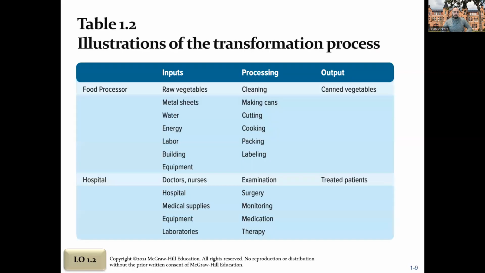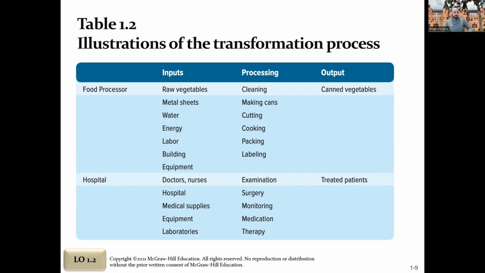Here are some examples of the transformation process. We've got two examples, food processor and hospital. The food processor, you've got a series of inputs like raw vegetables, energy, equipment. You turn metal sheets into cans. You have labor to pack, you have labeling, and at the end of it, you take all those vegetables and package them and can them, and you have canned vegetables that go on a store shelf.